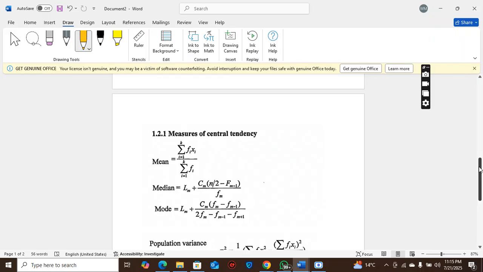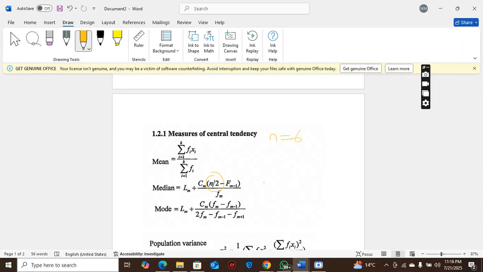Okay, colleagues? Yes, the cumulative frequency helps you get the position of your median class. So the first thing you need to do for the median is this n over 2 here. This is going to help you find your median class. So n equals what? 60, yes.